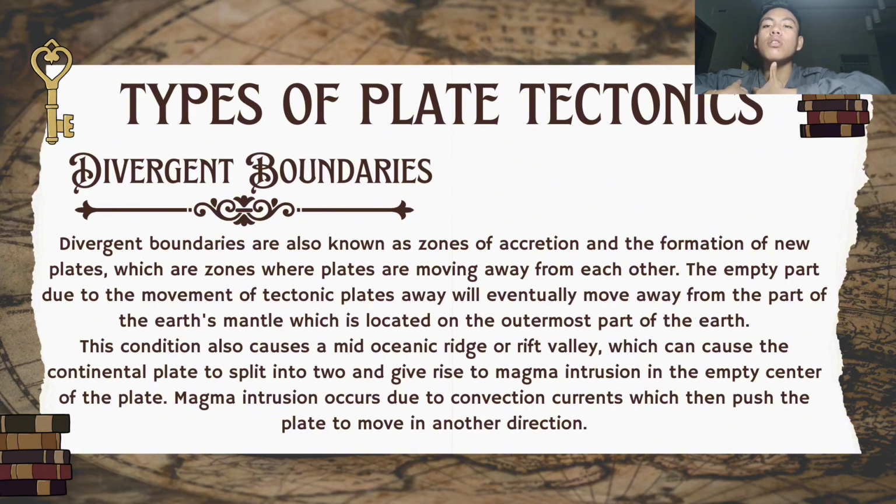This condition also causes a mid-oceanic ridge or valley, which can cause the continental plate to split and give rise to magma intrusion in the empty center of the plate. Magma intrusion occurs due to convection currents which push the plate to move in another direction.